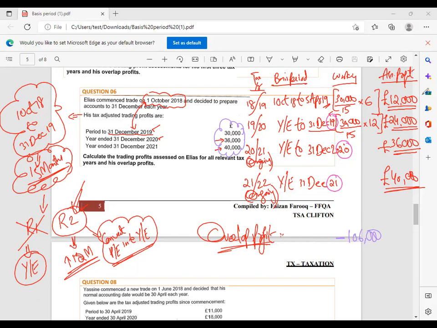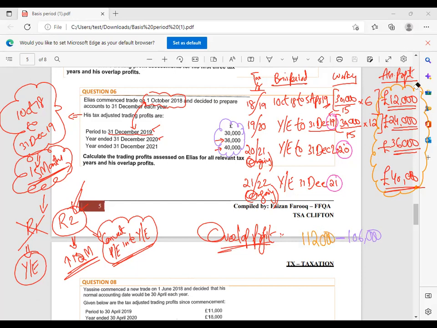Now, can you tell me the total of orange color? The total of the profits taken in basis period, which are 12,000, 24,000, 36,000, and 40,000. I just made a circle with orange color. Can you tell me the total? 112,000. Okay.